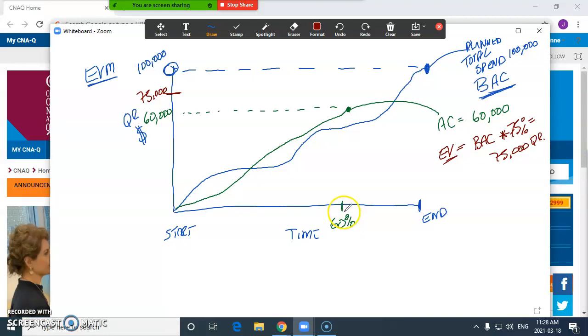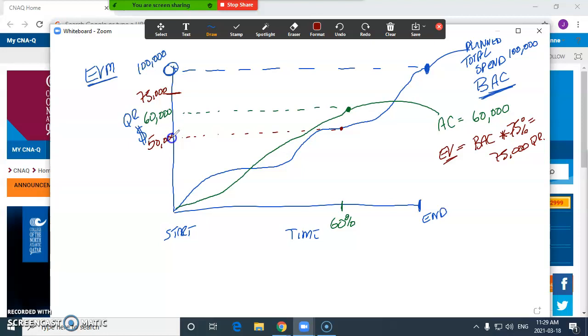You're 60% of the way through, okay? And what does your budget say when you're 60% of the way through? Well, your budget says, if you're 60% of the way through, this was your plan. Your plan was to have spent 50,000. Okay?